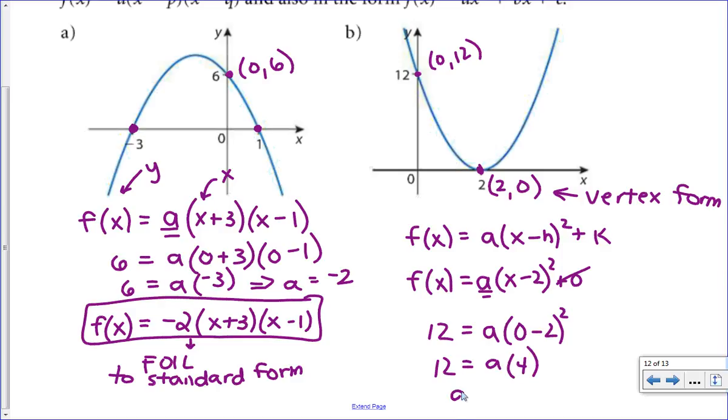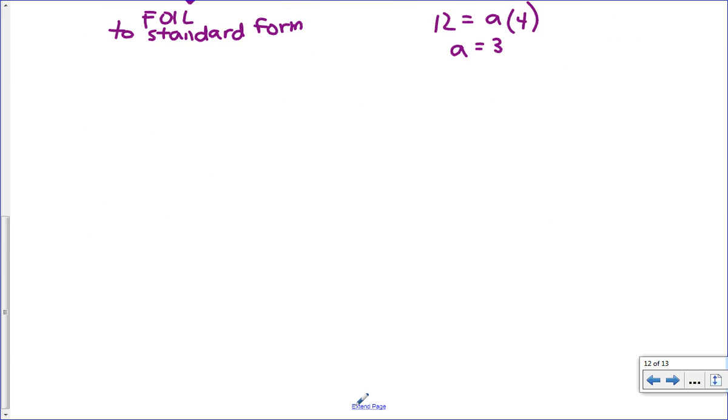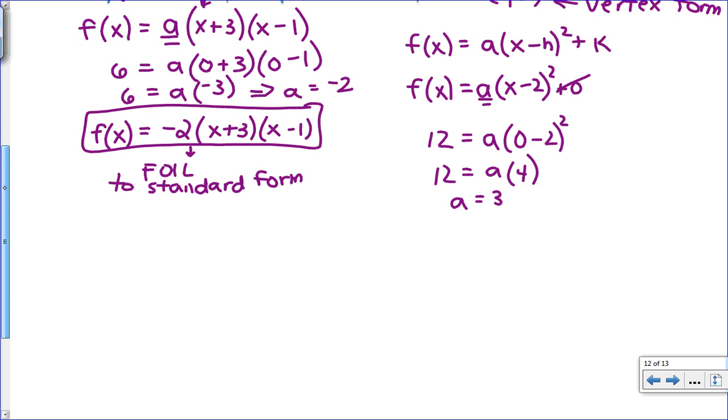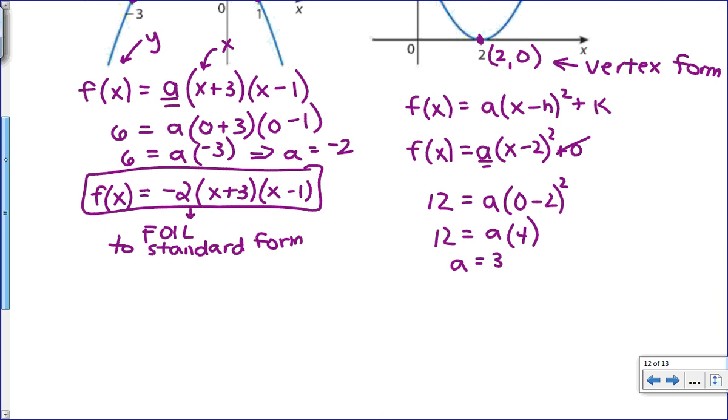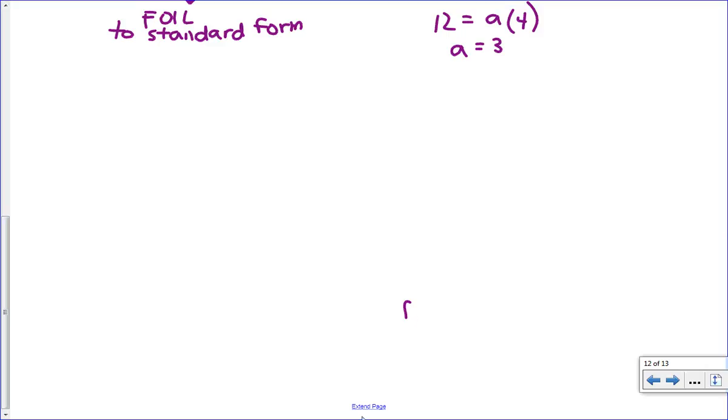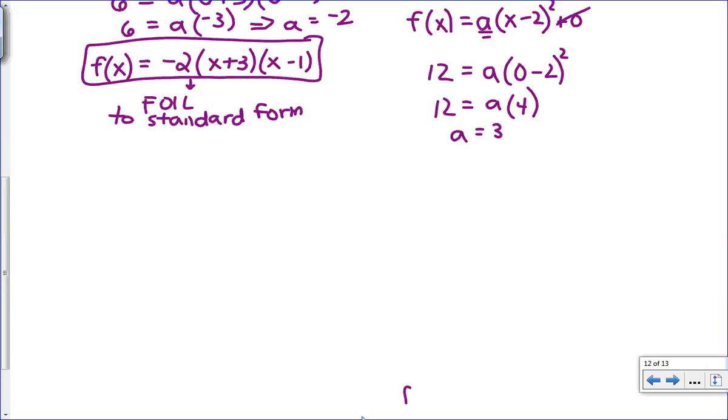Therefore, a equals 3. So now I know that in vertex form, this thing would look like f of x equals 3 times (x minus 2) squared.